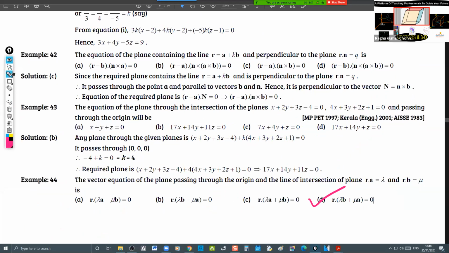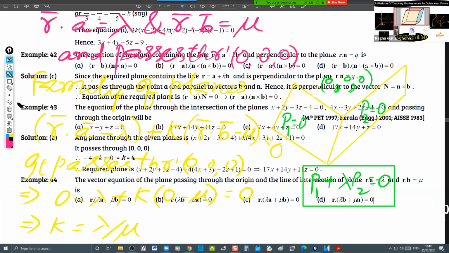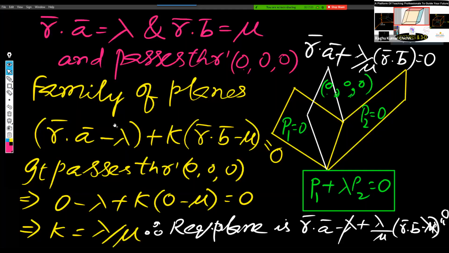So this is again using the set of planes only. Understand that? What is it that we did? We did the same as previous, but here the only difference is the vectorial form is directly used. R dot A minus lambda plus k into R dot B minus mu is equal to 0, but it passes through 0, 0, 0.